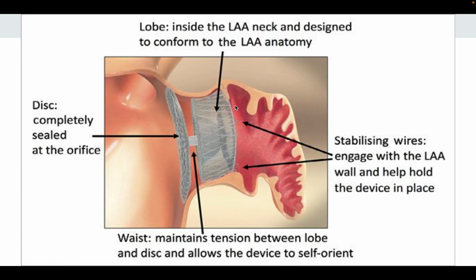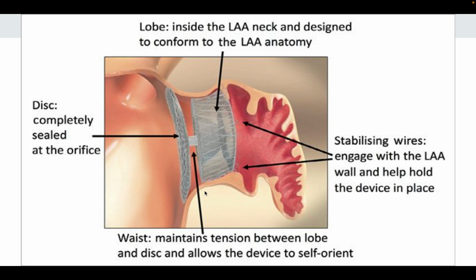And then there's two components that are important with this device, and they're both related to a phenomenon that the interventional cardiologist will discuss called compression. So if you have compression of this neck that's low, meaning the actual contact and the ability for this to sit, if the compression is low, the embolization risk is high.